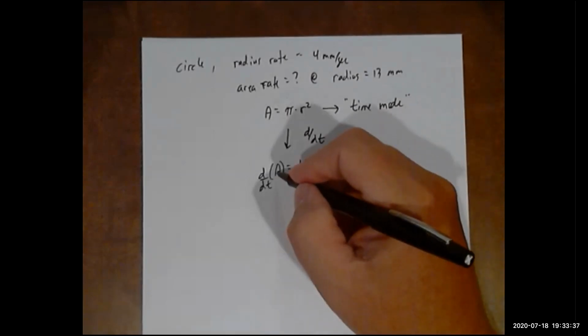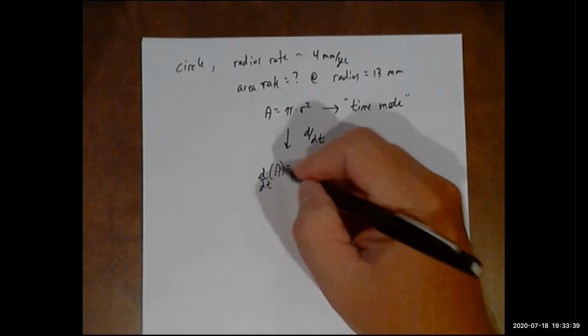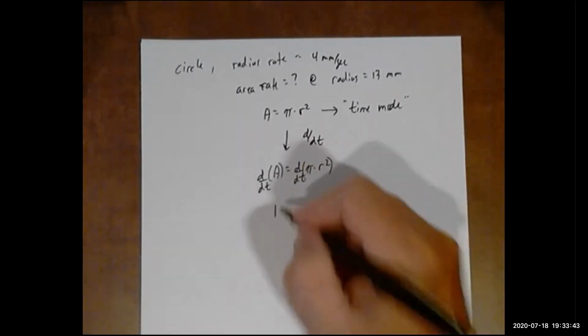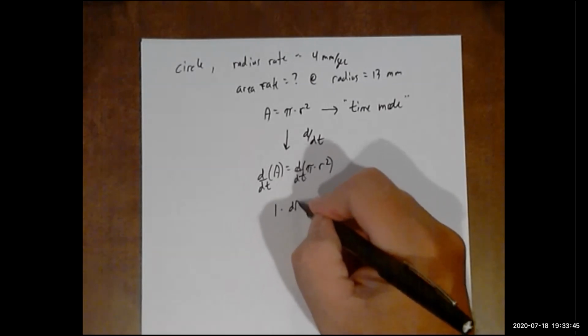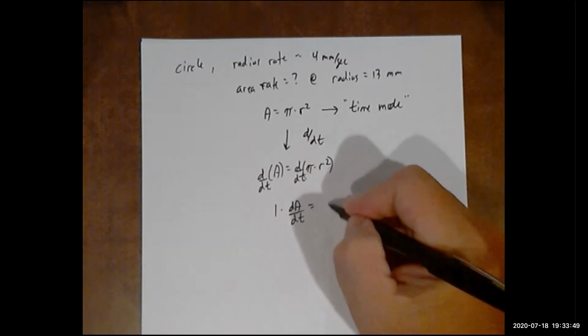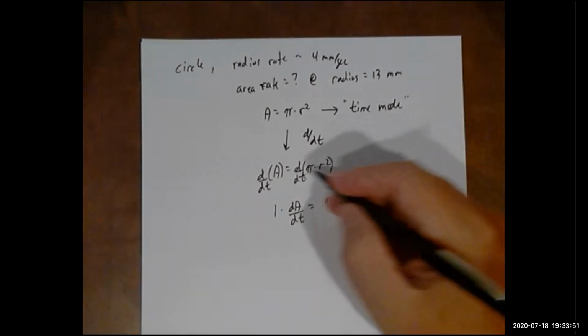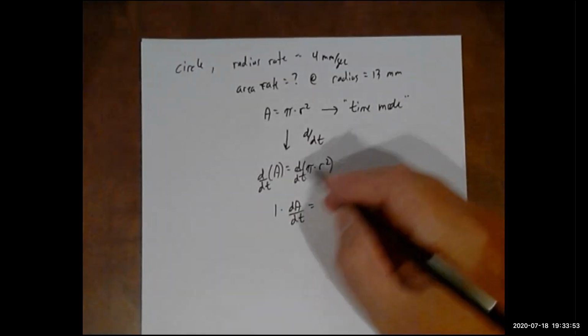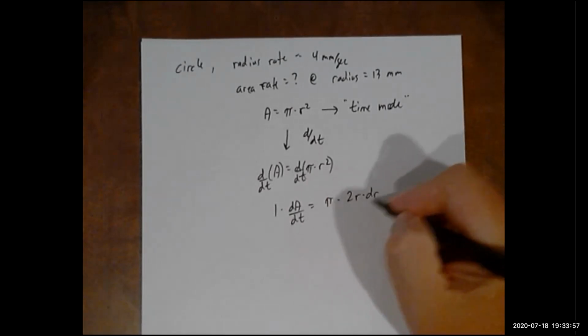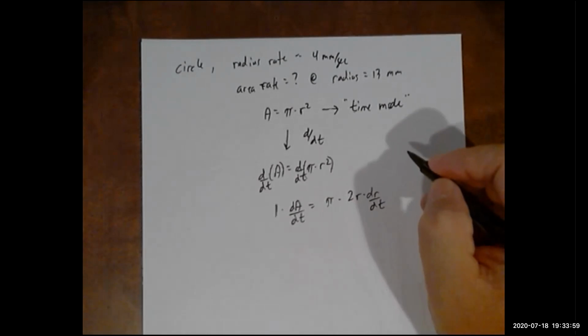On the left-hand side, A and t are different. Therefore, I take the derivative of A, which is just 1, but then I tack on the dA/dt. Now, pi is just a number. It comes out front. The derivative of r squared with respect to t is 2r dr/dt.